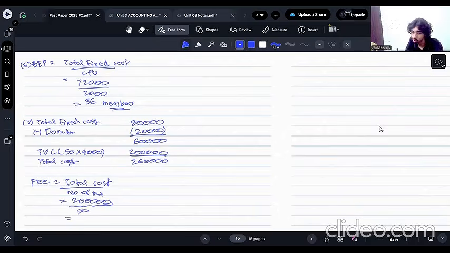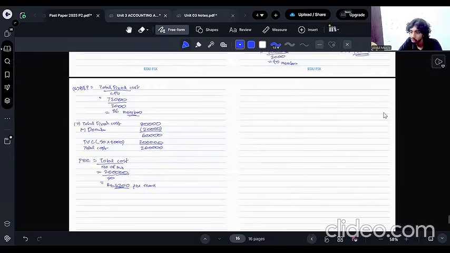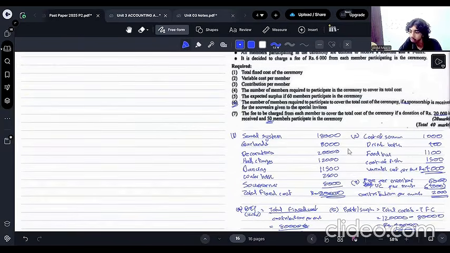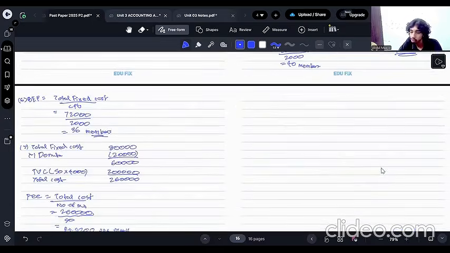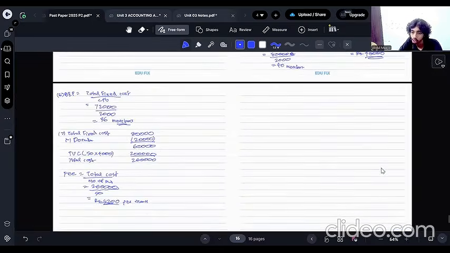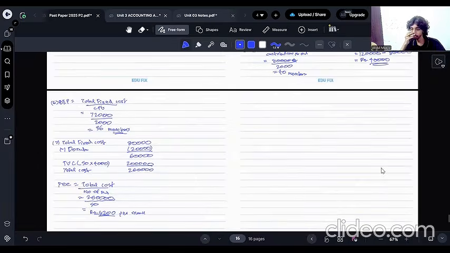That is rupees 5,200 per member. Okay, this is the answer. So this was an easy question. Only thing is, if you didn't figure out that the souvenirs are given to the invitees also, you will mess up everything. If you figure that out, it will be a very easy question. Okay, so then that is the 2025 A-level paper. It is done.